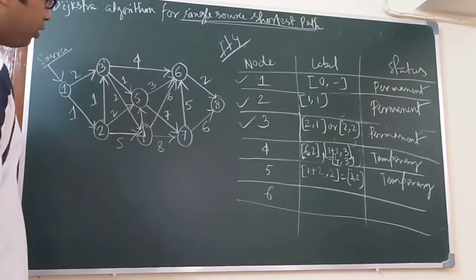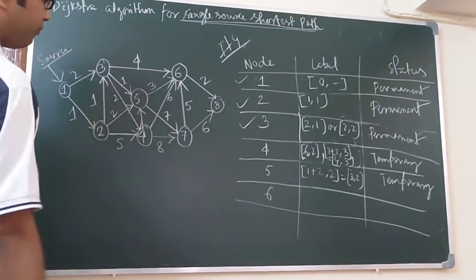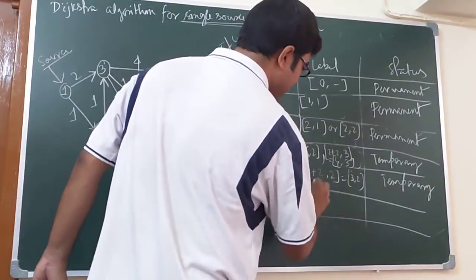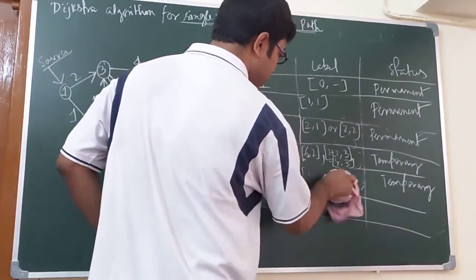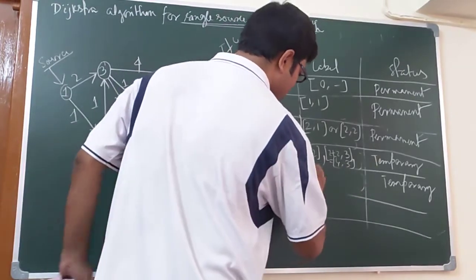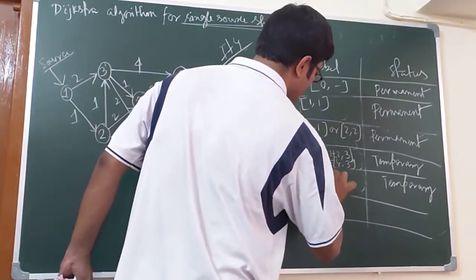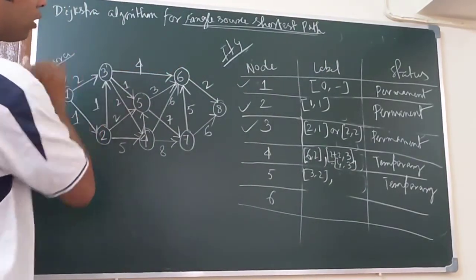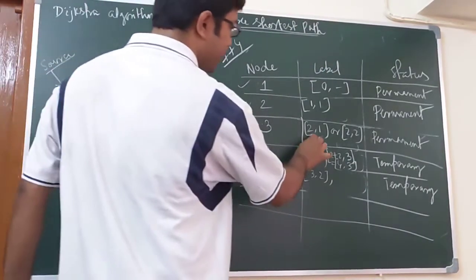For fifth node, we can reach via third node. So this can be 3 2 or 3 2, comma. For node 3, the value is 2.